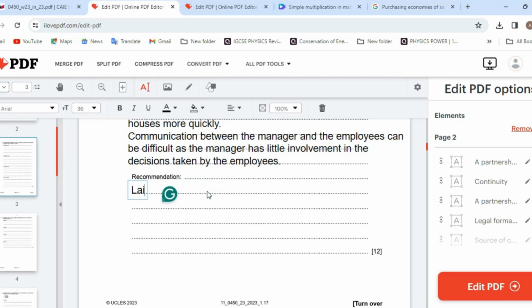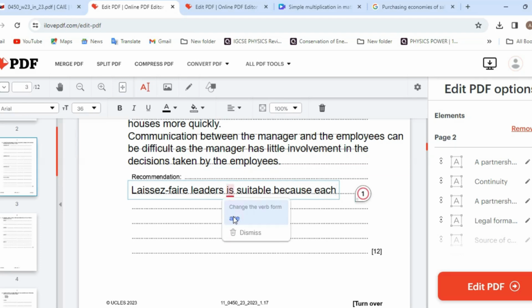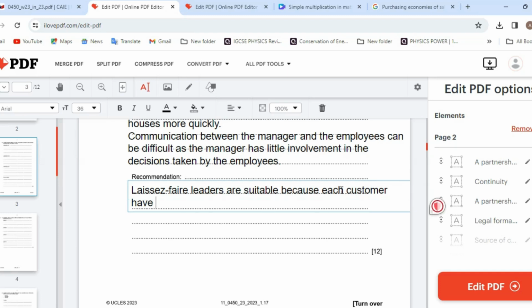Laissez-faire leadership is suitable because each customer will have their own different needs, and when the employees are making the decision, they can be more creative in solving the problem of the customer, because each customer has very different needs.